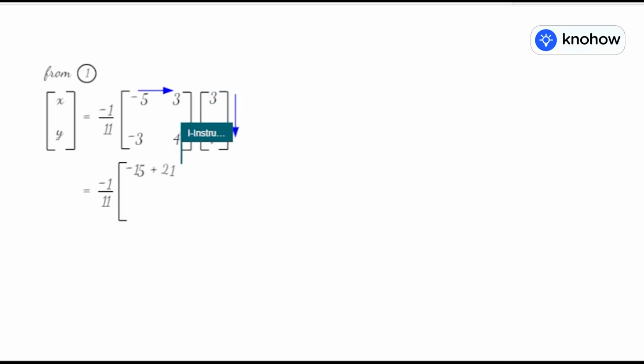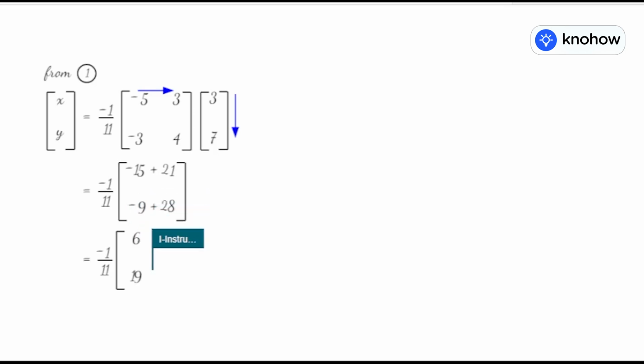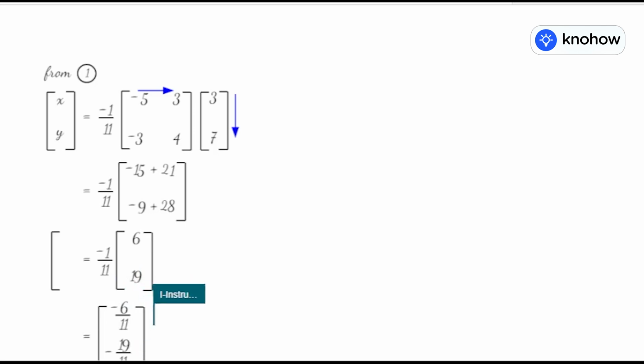Repeating the process with the second row, you get minus 9 plus 28. That is minus 1 by 11 times, in the first row you get 6, and in the second row you get 19. Now multiplying both elements by negative 1 by 11, you get negative 6 by 11 and negative 19 by 11. So this is the value of matrix xy.